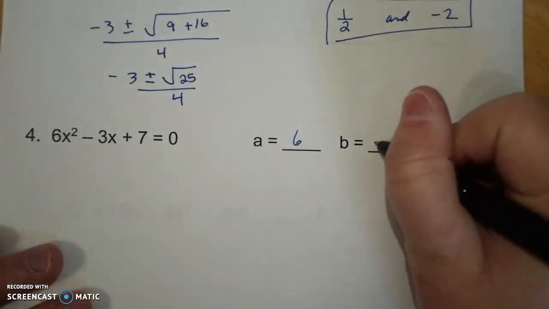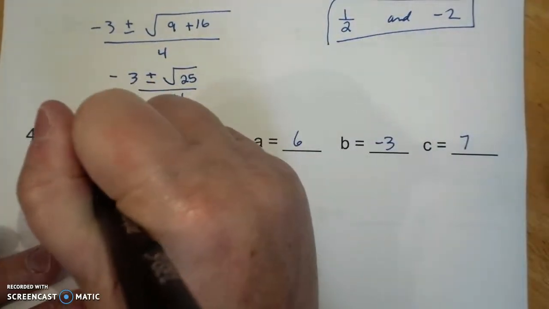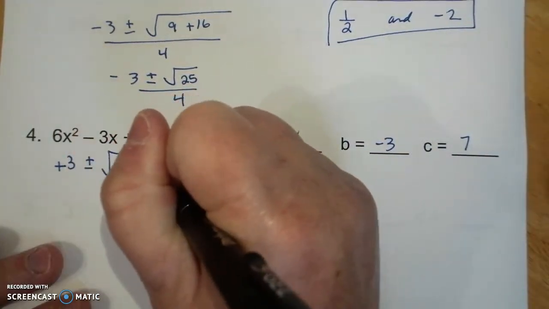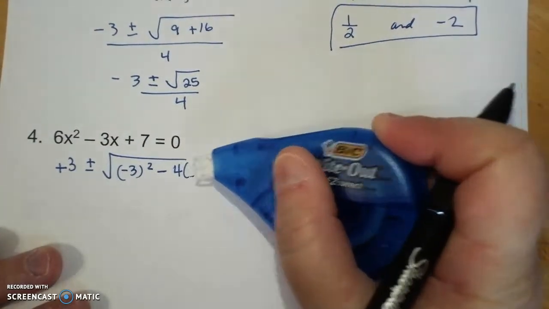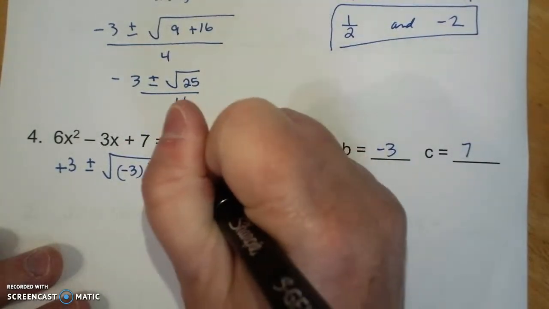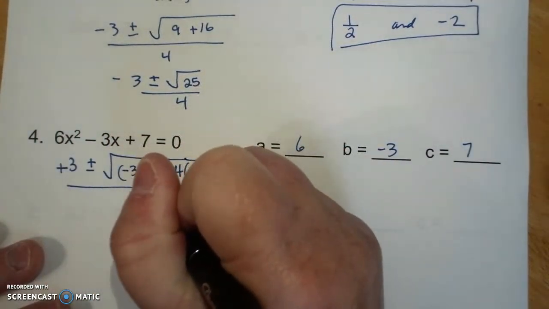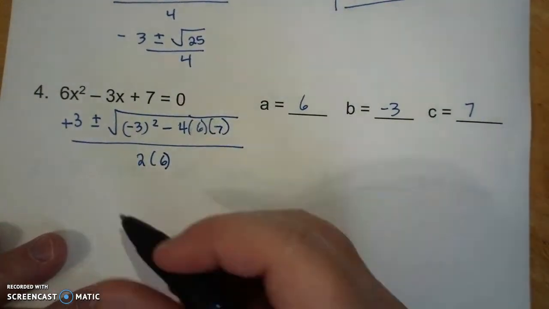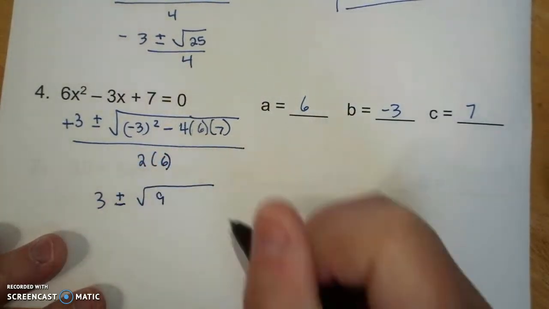A is 6, b is -3, c is 7. Opposite of -3 is +3 plus or minus the square root of -3 squared minus 4 times 6 times 7 over 2 times 6. 3 plus or minus the square root of 9.